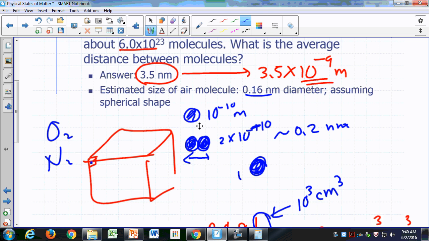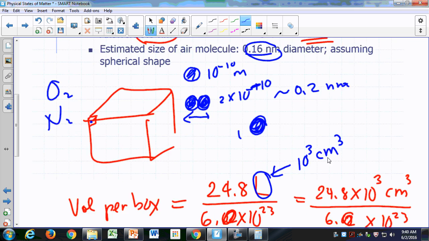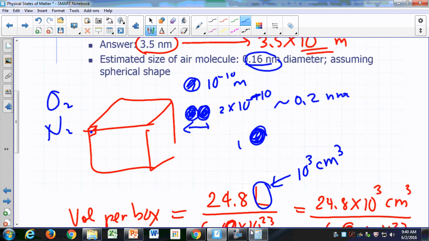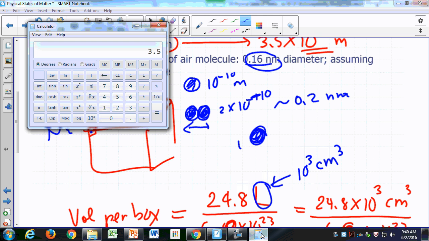I got this from some other experimental information. But anyway, how does 3.5 compare to 0.16? Let's calculate that. 3.5 divided by 0.16 is about 22 times. So it's about 20 times bigger.